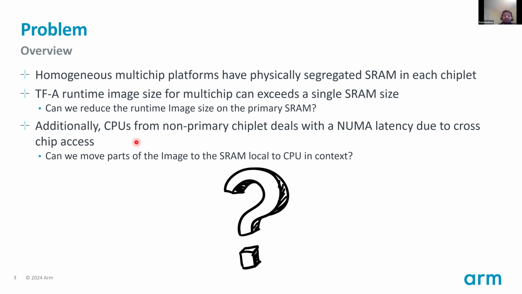Now, to start off, we'll focus on one specific segment of platform, which is the homogeneous multi-chip platform. Sorry, just when we talk about NUMA, it's not just about per CPU objects, right? There could be a hierarchy.